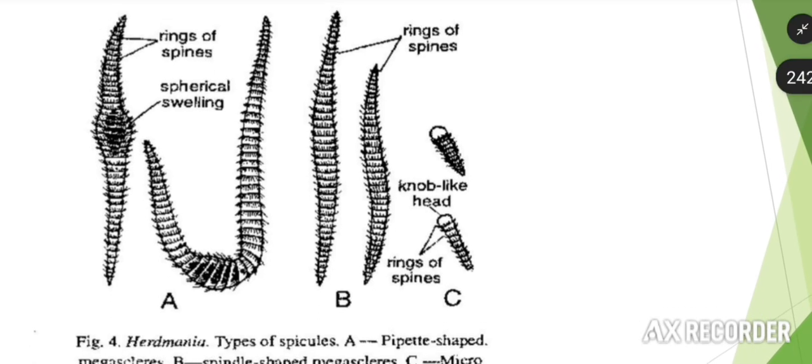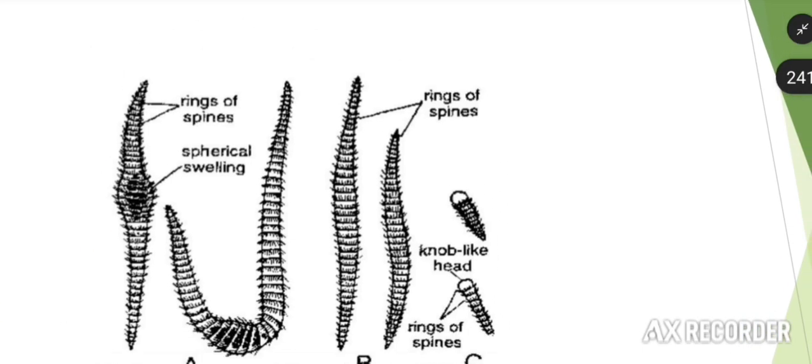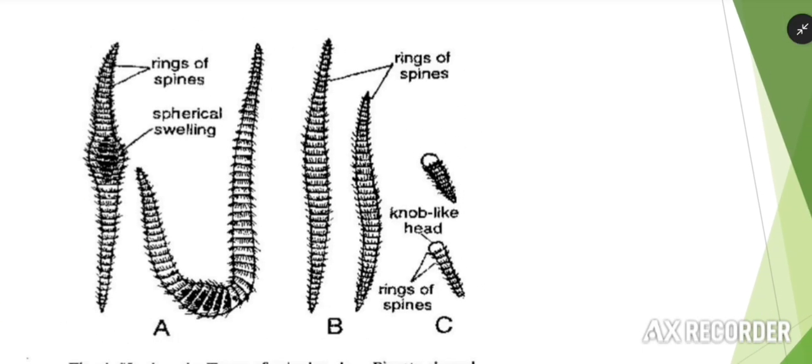These are the spicules. Rings of spines, as I've already told you, these are the rings of spine. Rings of spine present all over the body, if you can see here. And this is the spherical swelling here. This is the spherical swelling present, and these are the tapering body ends.